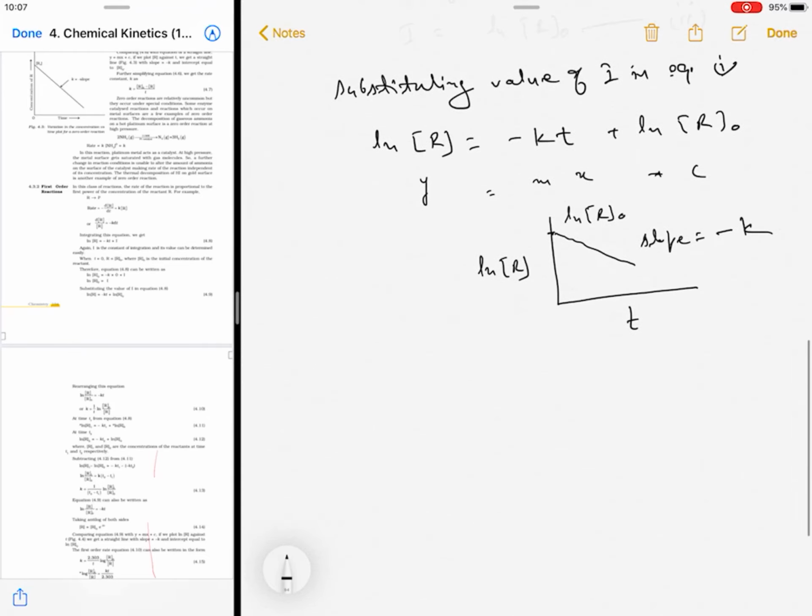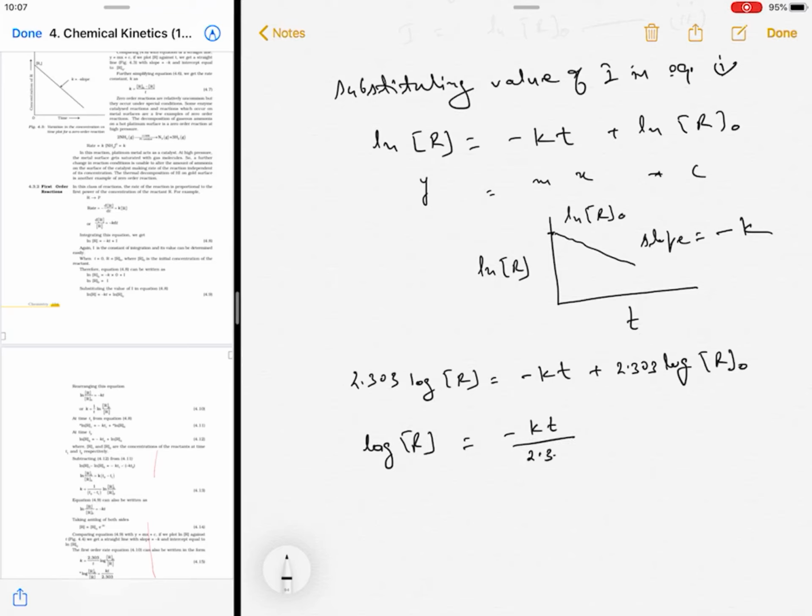If we change this natural log to base 10, we get 2.303 log [R] equals minus kt plus 2.303 log [R]0. Or we can write log [R] equals minus kt upon 2.303 plus log R naught.